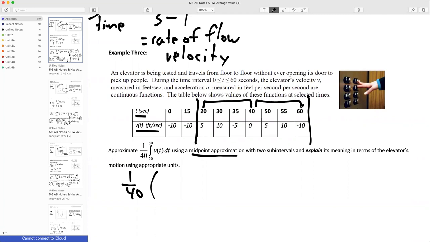The second goes from 40 to 60. So when we are doing Riemann sums, we're just finding the area of rectangles, which is width times the height. The width of the first interval is 20. The height I find at the midpoint. The midpoint of 20 and 40 is 30. So the height is given by this value of 10.